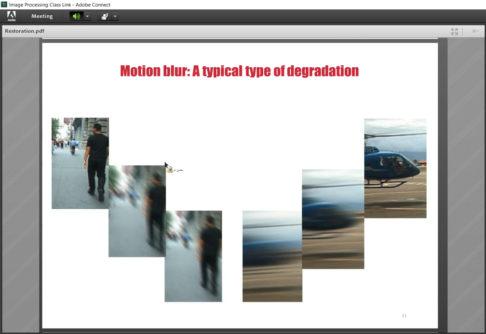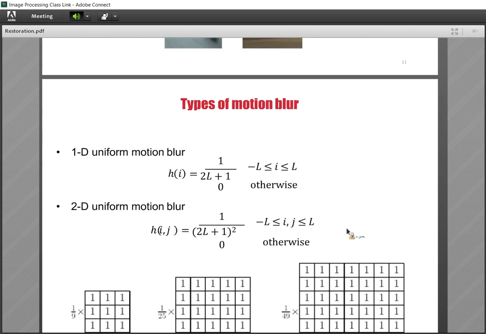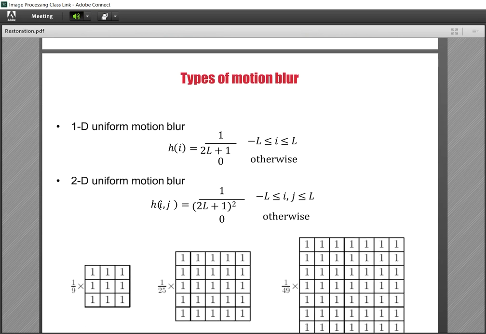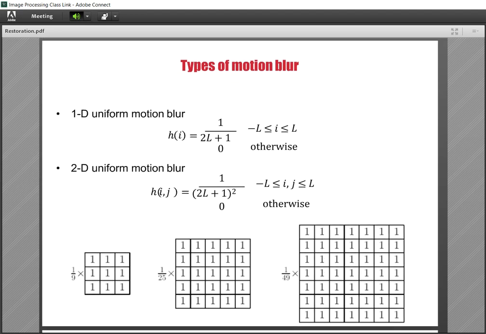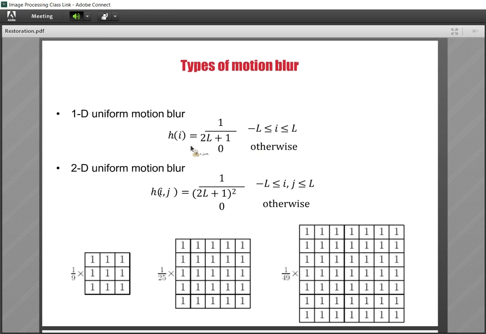For example, we spoke about motion blur. Motion blur is some type of this distortion, and H is the impulse response of that bad system, a system with some disturbance. For example, we said about one dimension. One dimension isn't useful for a picture, but we say it for making the two dimension.